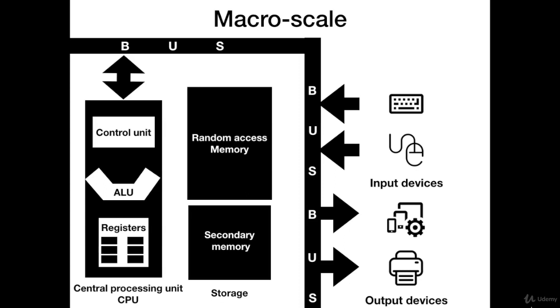The wall which encompasses the CPU, the main and secondary memory, is called the bus, B-U-S, bus. It's a communication system which transfers data between components inside a computer. Next to the bus, we have input devices such as a keyboard or a mouse. These are only some of the input and output devices which give us a glimpse into what a computer is capable of producing and processing.